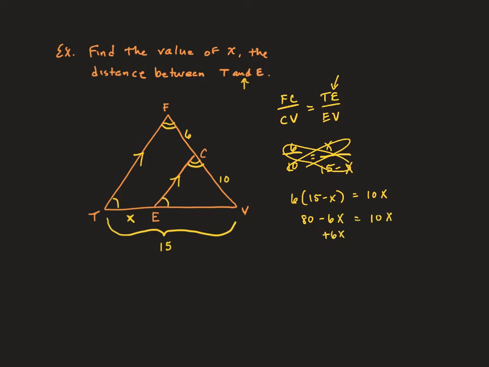Add 6X to both sides, and then I'm going to end up with 80 is equal to 16X, dividing by the coefficient, and then X is going to be equal to 5.